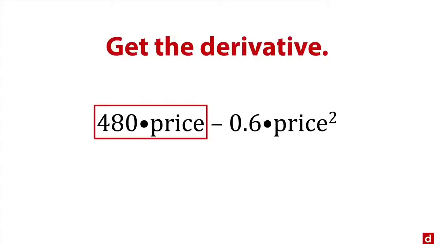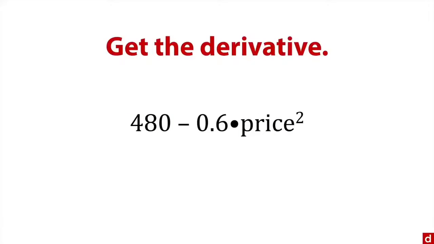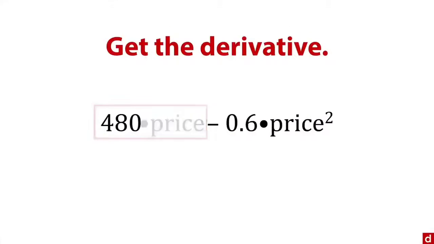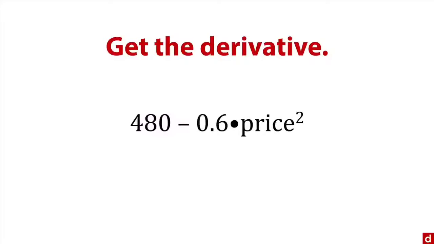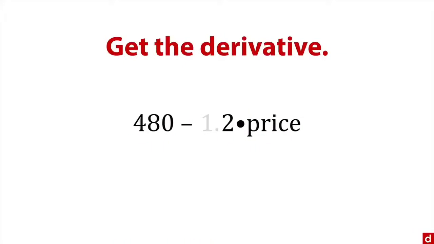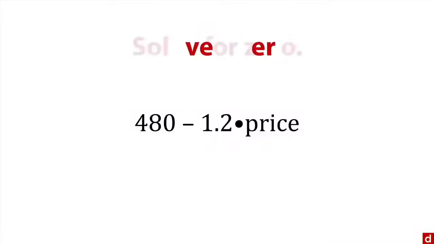Well, the derivative of 480 in the price, where price is sort of the x, the derivative is simply 480. And the minus 0.6 times the square of the price, well, that's very similar to the thing we did with the curve. And what we end up with is 0.6 times 2 is equal to 1.2 times the price. This is the derivative of the original equation. We can solve that for 0 now.